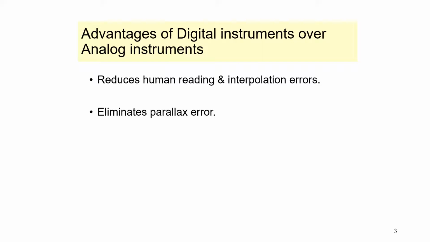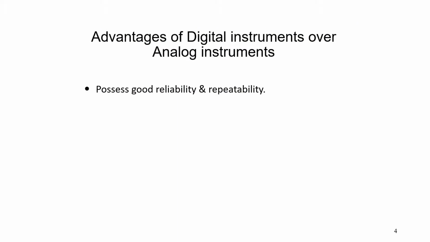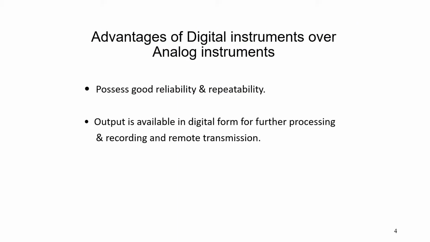It eliminates parallax error. It increases the reading speed. It gives high accuracy up to 0.003%. It possesses good reliability and repeatability. The output is available in digital form for further processing and recording and remote transmission.